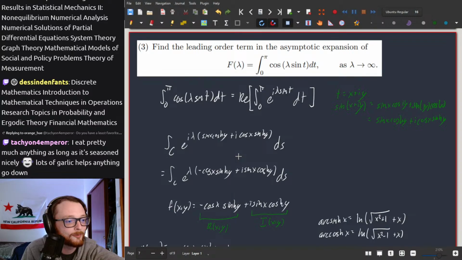Non-equilibrium numerical analysis, numerical solution of PDEs, system theory, graph theory, mathematical models of social and policy problems. That sounds sick. I would actually love to take a class like that. Discrete math, introduction to mathematical techniques and operations research, probability, ergodic theory, financial mathematics. Ooh.